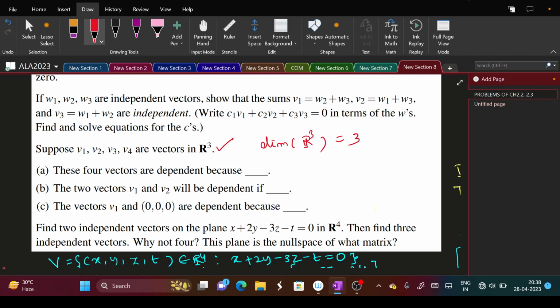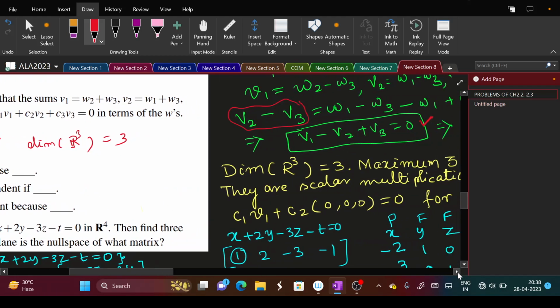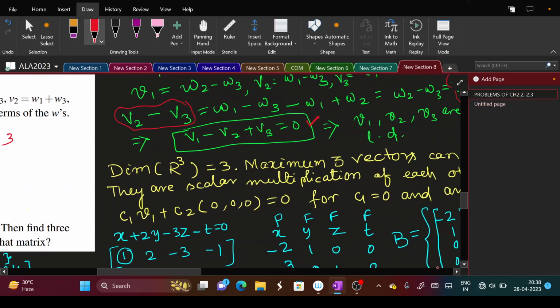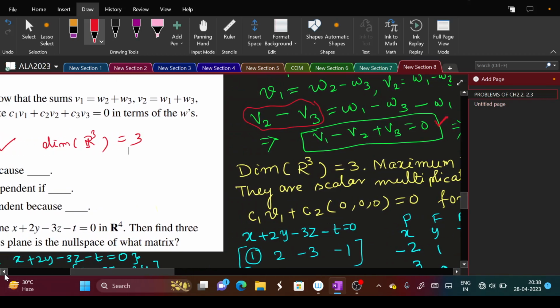So here four vectors cannot be linearly independent. More than the dimension number of vectors cannot be linearly independent. As the dimension of R cube is equal to 3, a maximum of 3 vectors can be linearly independent. Hence 4 vectors cannot be linearly independent.